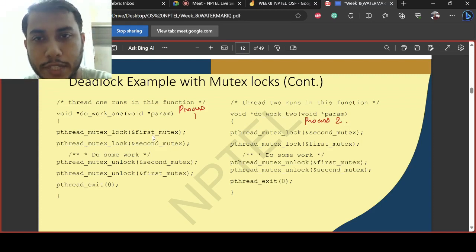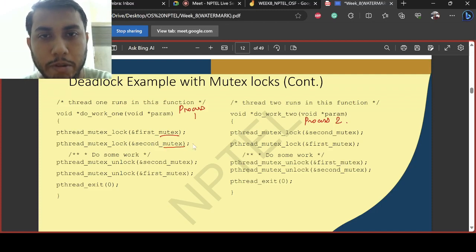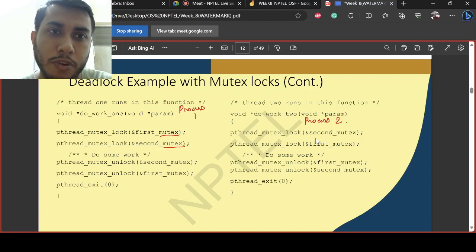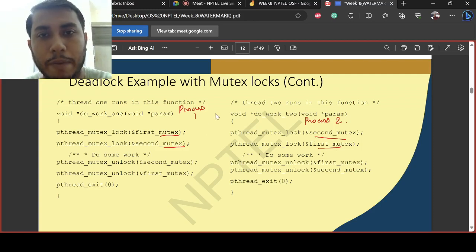It uses two mutexes: this is the first mutex and this is the second mutex, and again process two uses two mutexes, the second mutex and then the first mutex. So simultaneously, it executes both processes. Process P1 acquires the first mutex, and process P2 acquires the second mutex.